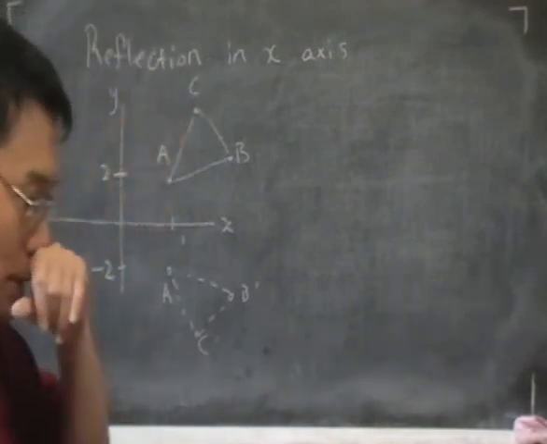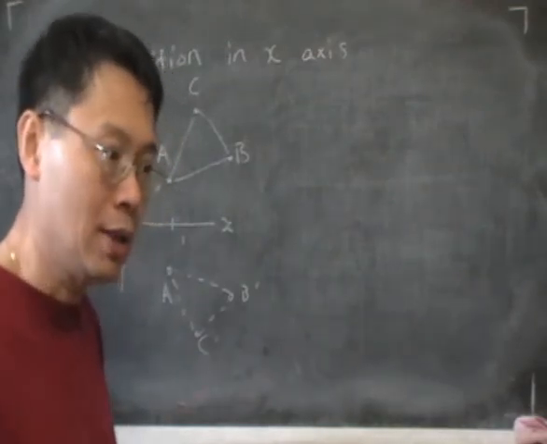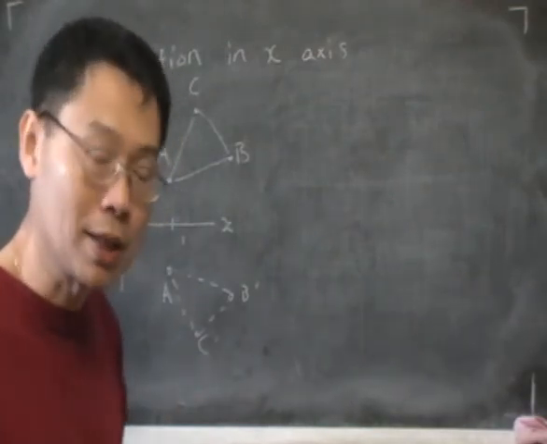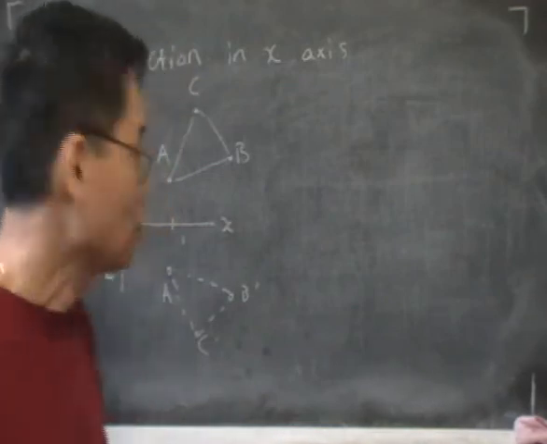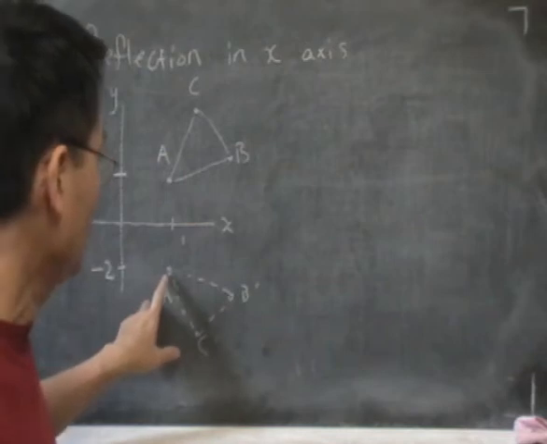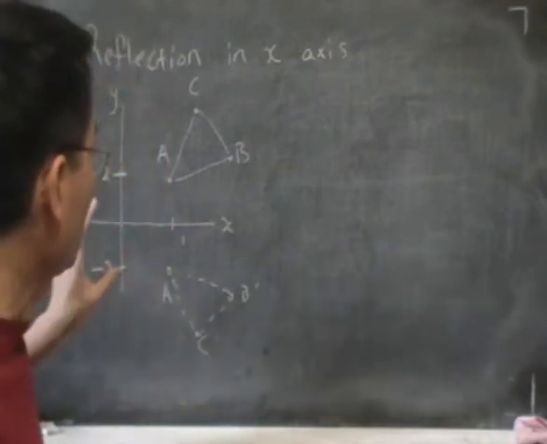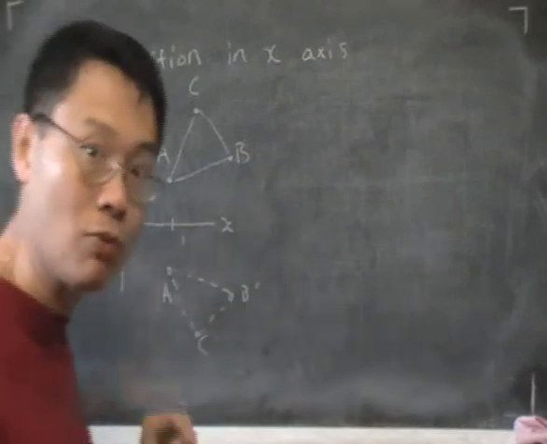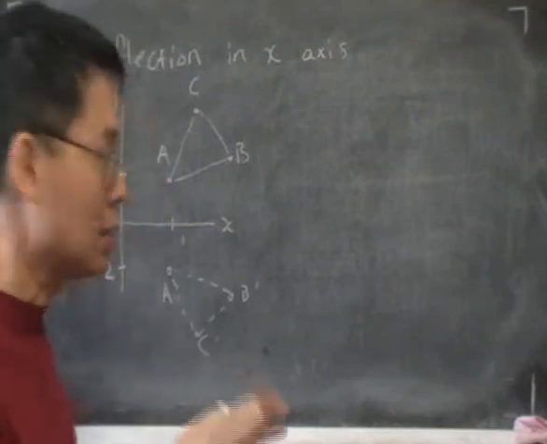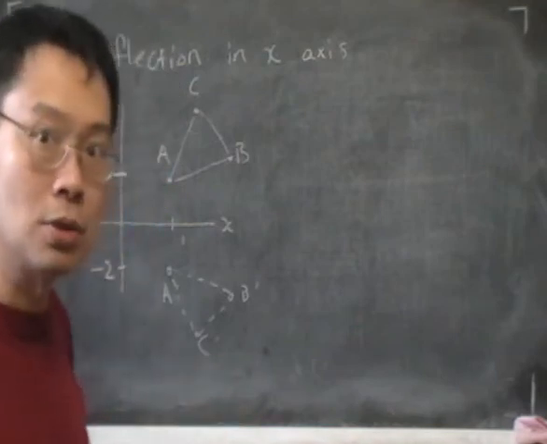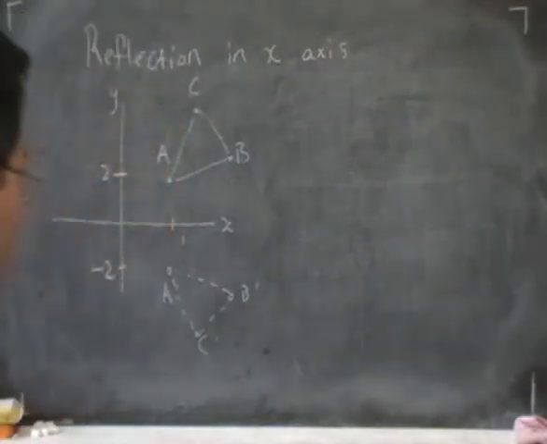The reason is because later on we are going to look at slightly more complicated transformations where it is not so easy to find the new positions of the point. So what we could do is to make use of this very simple example to see how we can actually apply matrices to find the new position.